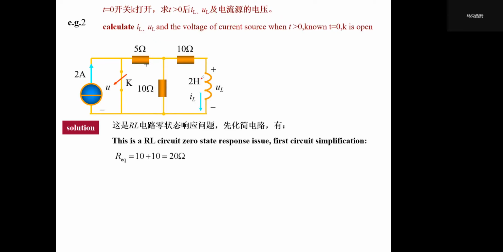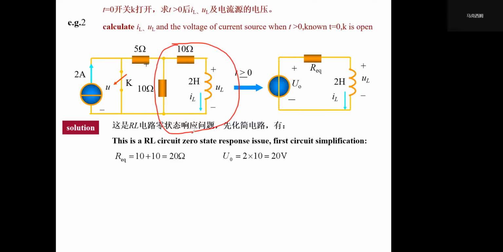So we see that this 10 and 10 plus those two of this part form a typical RL circuit. So we can calculate the corresponding equivalent resistance. And we know U0 equals 2 times 10, which is 20 volts. So we could transform this into this equivalent source.